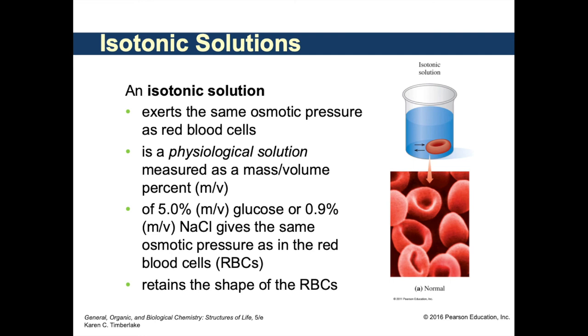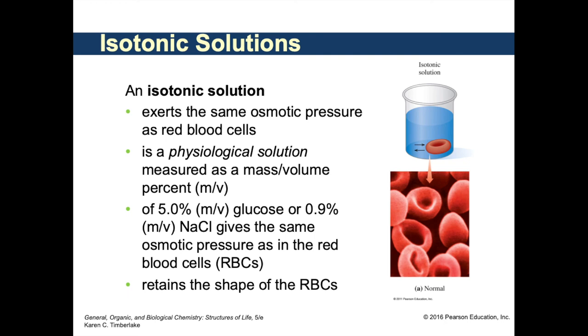So when a red blood cell is placed in a solution that has the same concentration as the contents of that red blood cell, we call that an isotonic solution. The prefix iso means same or even. So an isotonic solution is one that has the same concentration as the contents of that red blood cell.